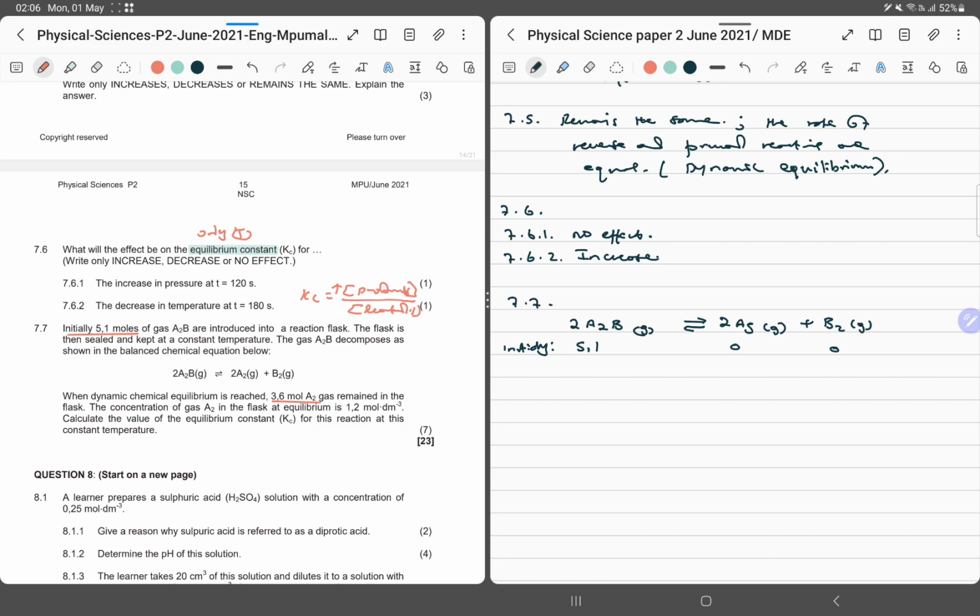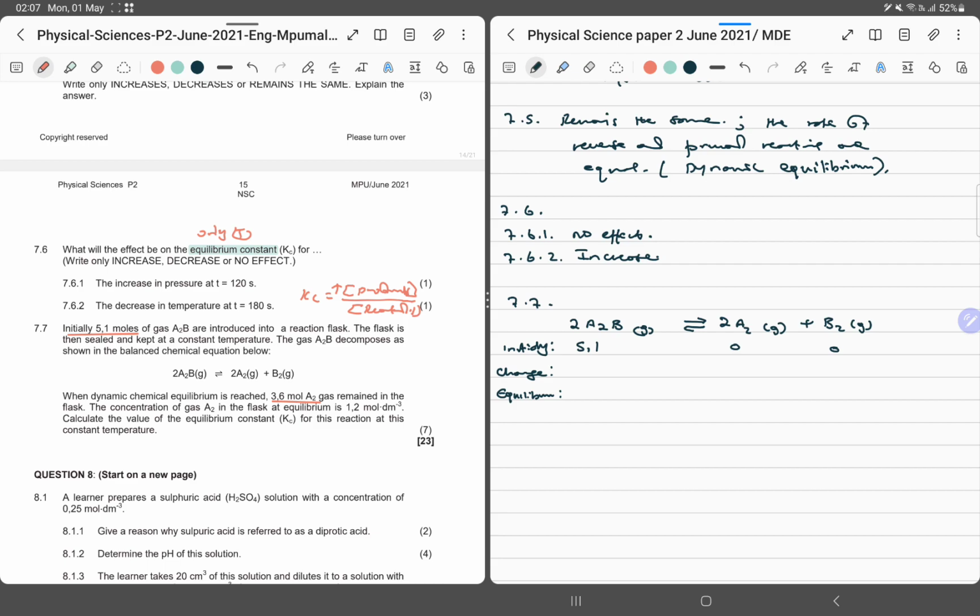So this means we don't know what the change is here. The change is usually what we can say used or produced. And then now at equilibrium, what are we talking about now? We are saying there were how many? Sorry, I didn't write my equation correctly.